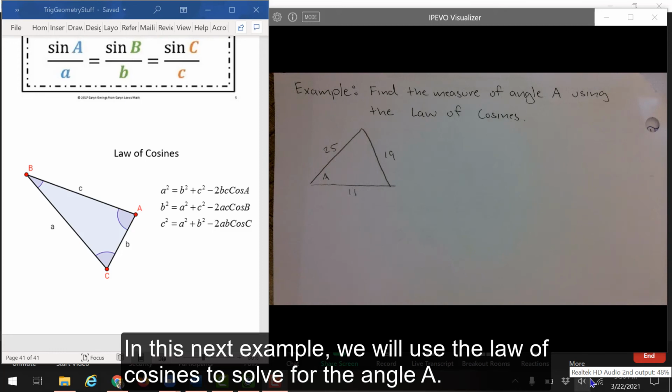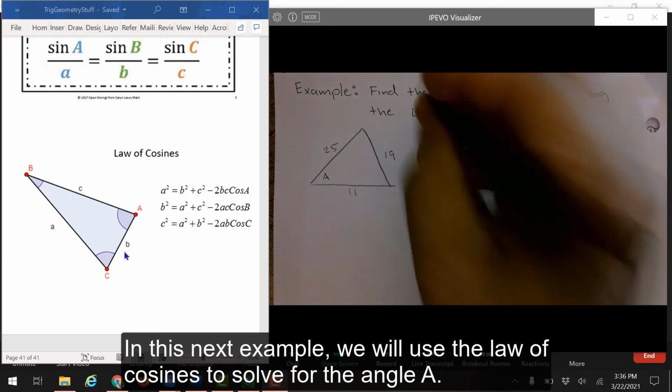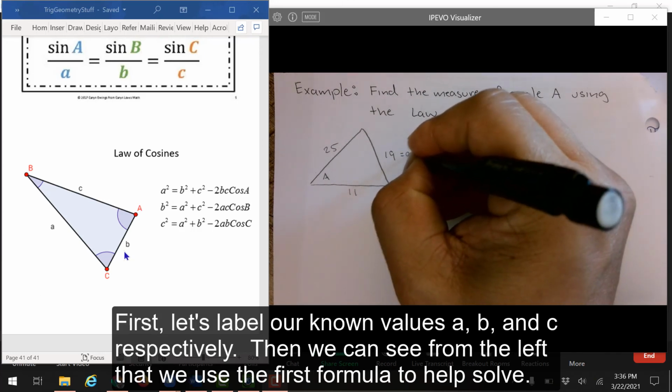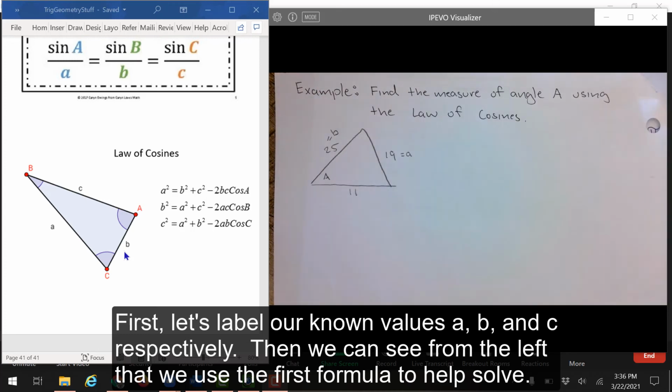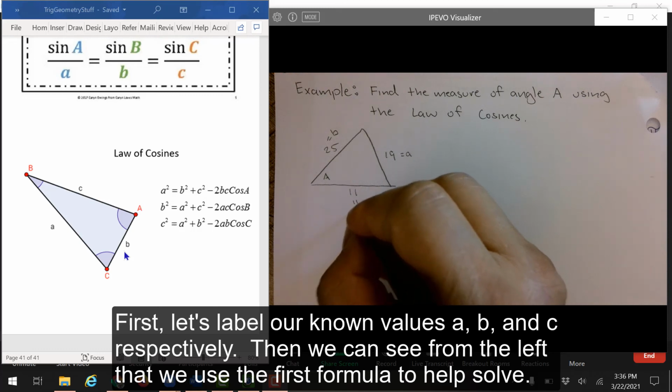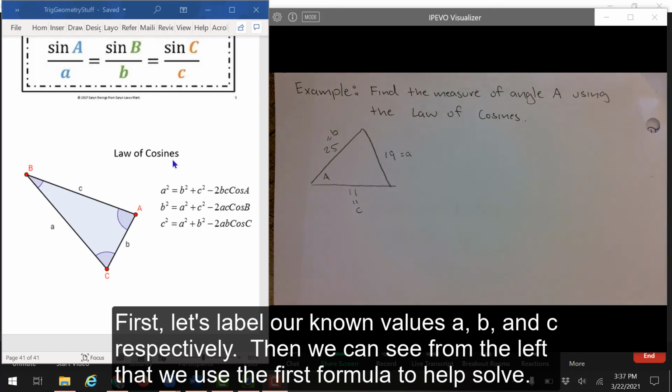In this next example, we will use the law of cosines to solve for the angle A. First, let's label our known values A, B, and C respectively. Then we can see from the left that we use the first formula to help solve.